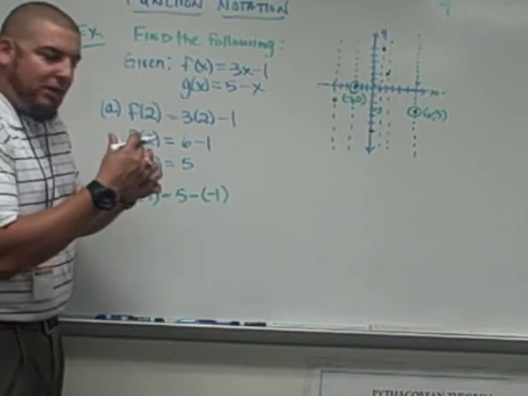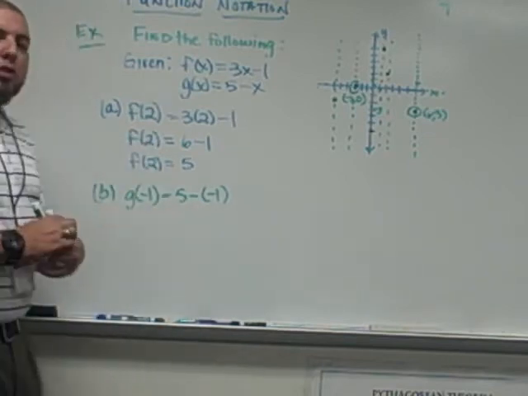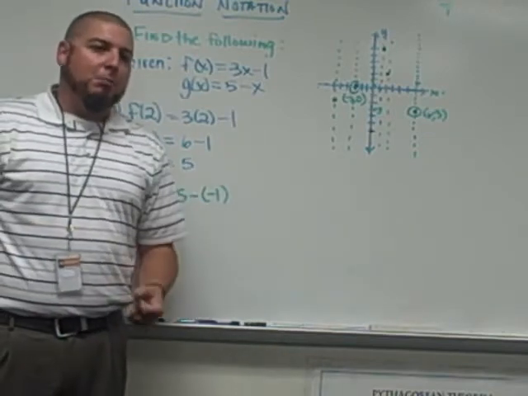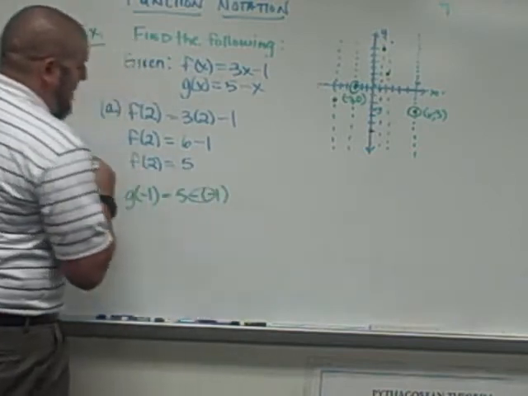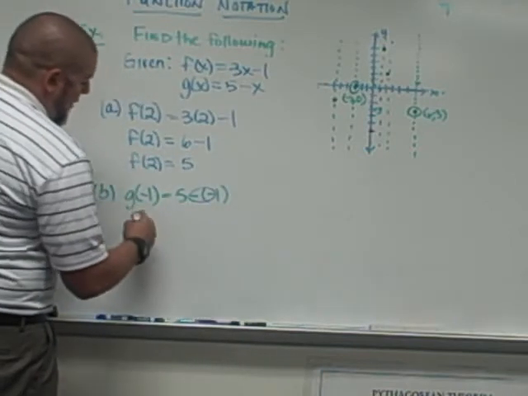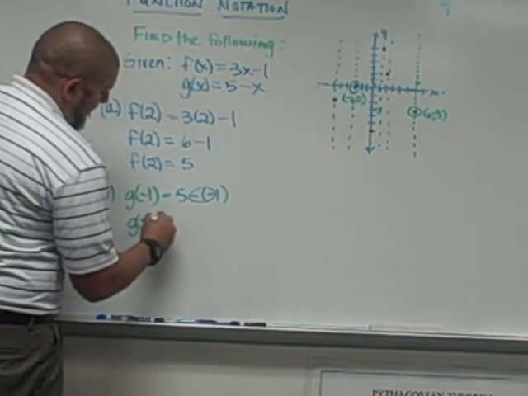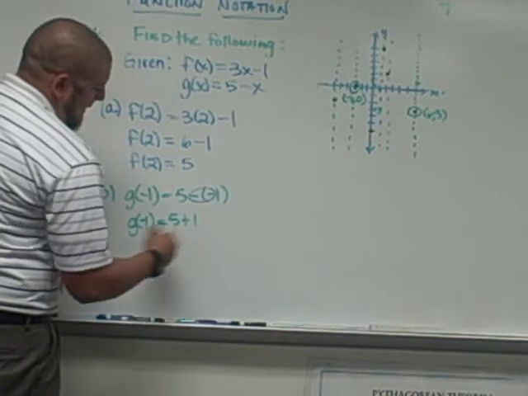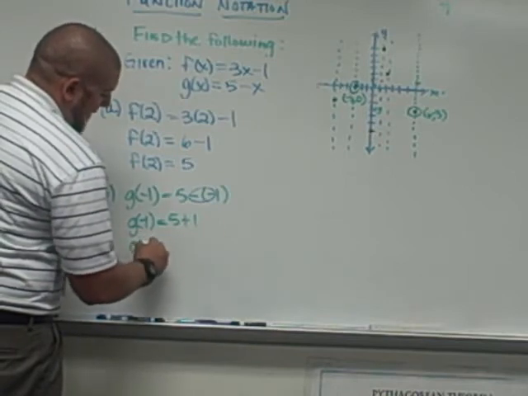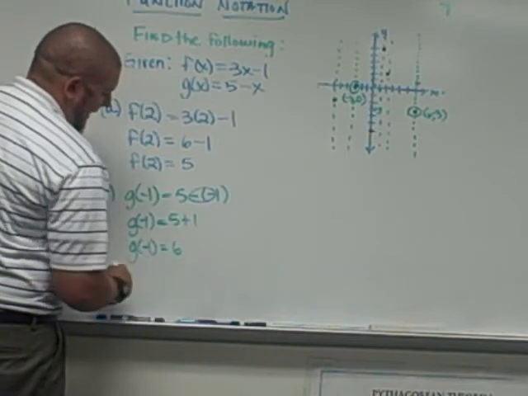They both have to be there. Now, we always want to try to get rid of our double signage as quick as possible. 2 negatives will make a positive. So I'll get rid of this double signage and rewrite my equation, or my function, as g of negative 1 equals 5 plus 1. Now I just simplify. G of negative 1 is equal to 6.